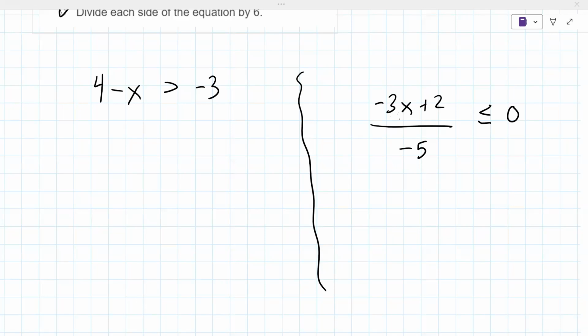Okay, I got x is less than 7 and x is less than or equal to 2/3. Like this over here. Yep.